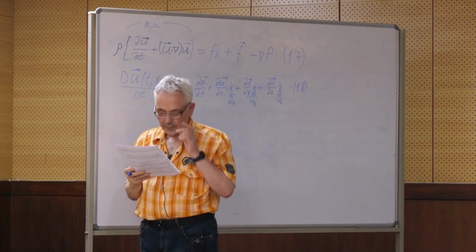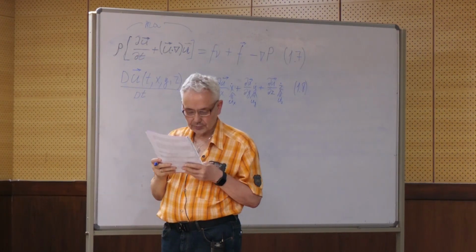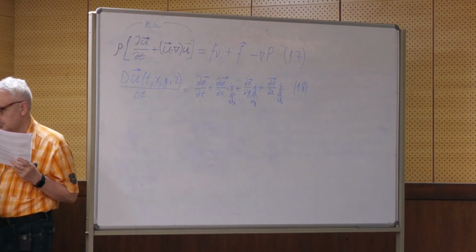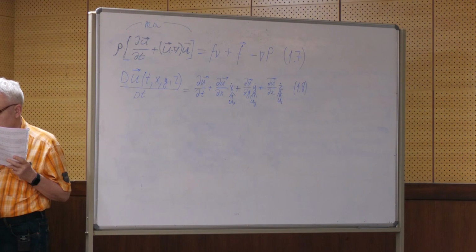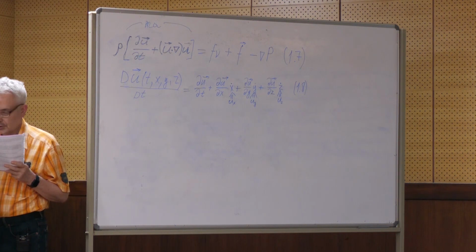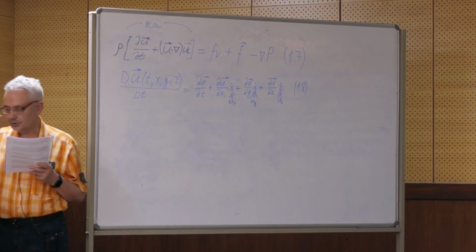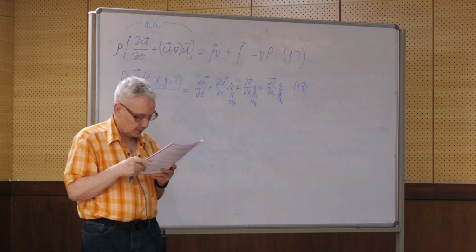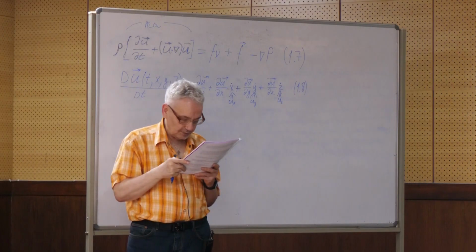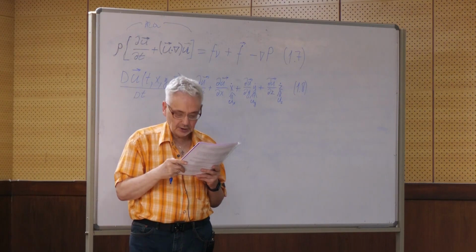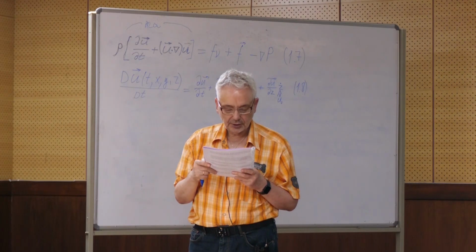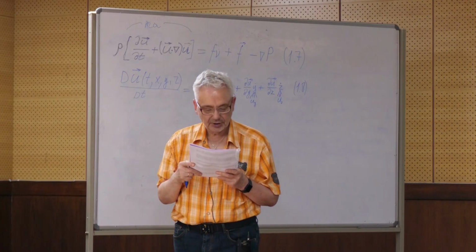So if the viscous force F nu is equal to zero, then equation 7 will be an equation for an ideal non-viscous or dry fluid, known as the Euler fluid, the Euler equation.